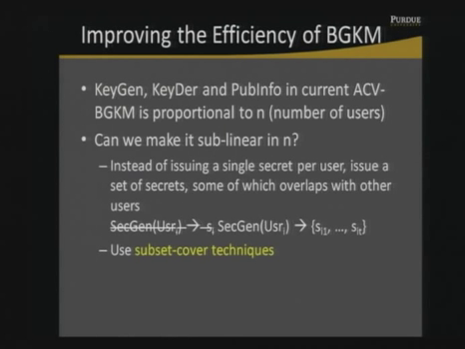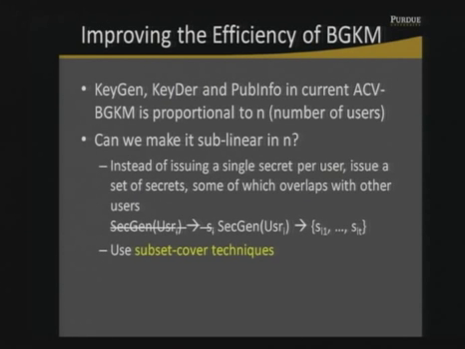One thing you probably didn't notice is, if you look at the size of the public information and the complexity of the key generation and key derivation algorithms, they are proportional to n. So if you have a large number of users, the key generation, key derivation, and the public information that you have to transmit are going to be huge.